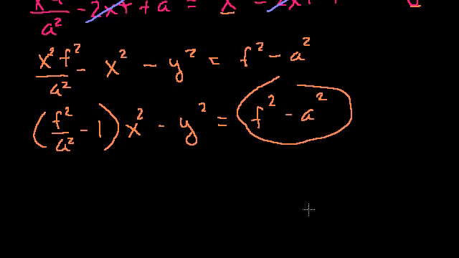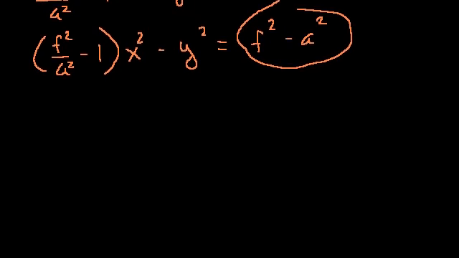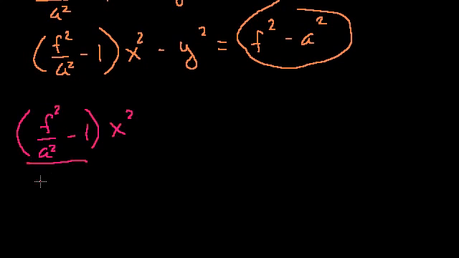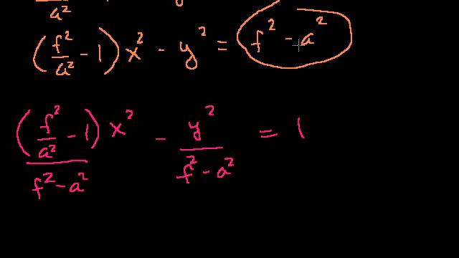And we get, and this should start to look familiar, f squared over a squared minus 1 x squared divided by f squared minus a squared minus y squared over f squared minus a squared is equal to 1. Right? I divided both sides by this, so I just get a 1 on this right-hand side.